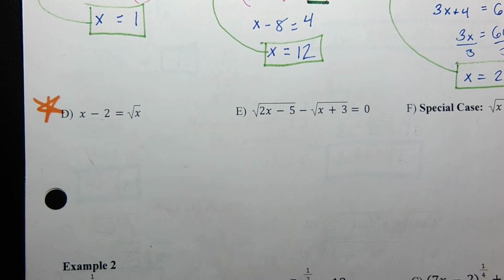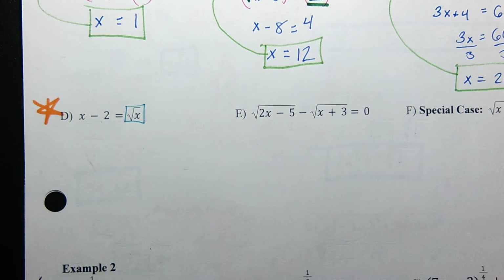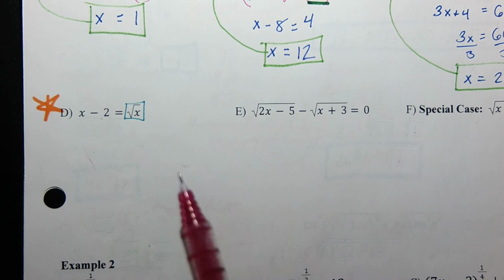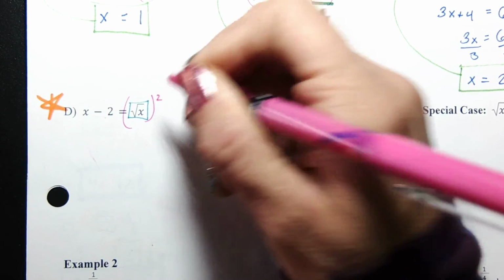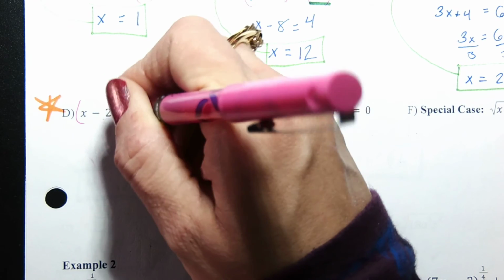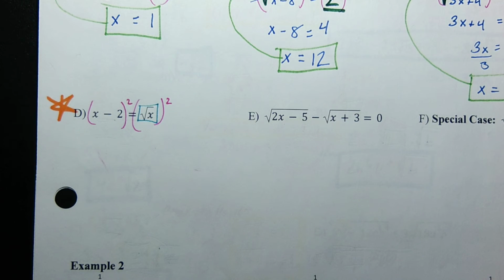So our initial goal with this is still the same, trying to isolate the radical. Well, that radical is already by itself on the right side. So how are we going to break that variable out of that square root? We are going to square this side, but then we are going to square the left side. Notice that I'm putting it in parentheses.